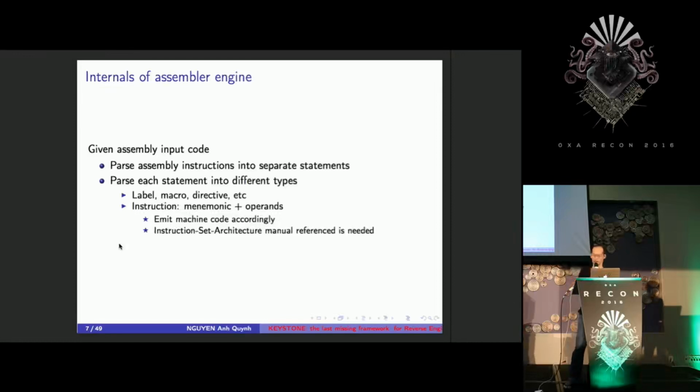For an instruction, the assembler will parse it into mnemonic and operands, and after that it emits machine code according to the output from the last phase. And here you need to understand the CPU instruction set very well to emit machine code properly.